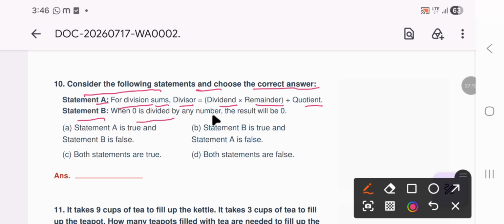Statement B: When 0 is divided by any number, the result will be 0. Option A: statement A is true and statement B is false. Option B: statement B is true and statement A is false. Option C: both statements are true. Option D: both statements are false.